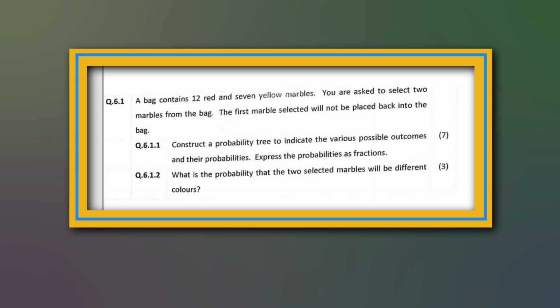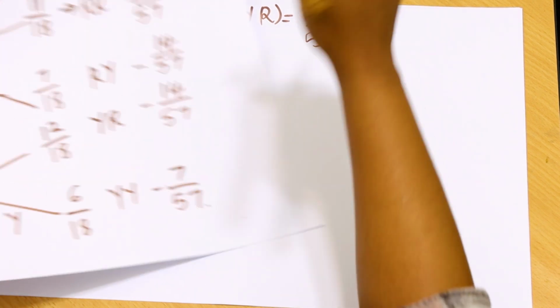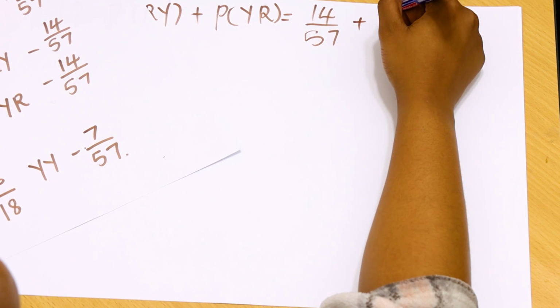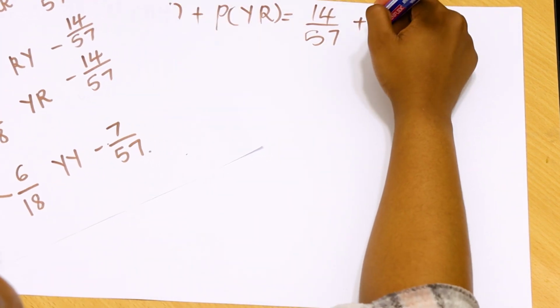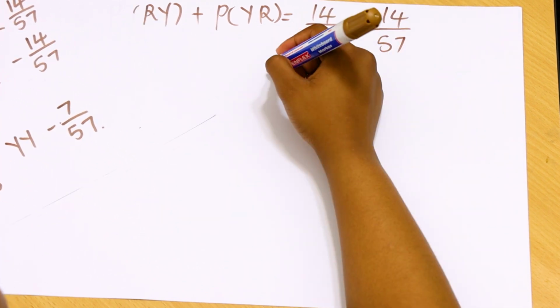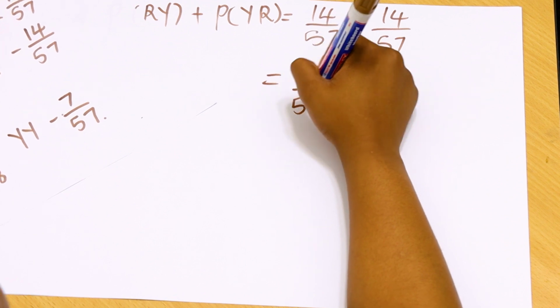So it would be the probability of finding red then yellow plus the probability of finding yellow then red. It would be 14 over 57, which is this probability, right? Plus 14 over 57 for yellow and red. Then that would be 28 divided by 57.